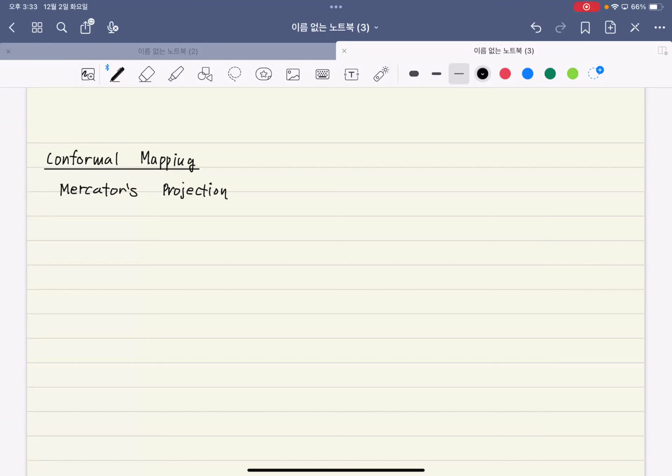Because the Mercator map was an angle preserving map, if this is a map given by the Mercator projection, and this is London, and this is Boston, then you basically draw a straight line from this point to that point, and you get some angle, which can be read from your map.